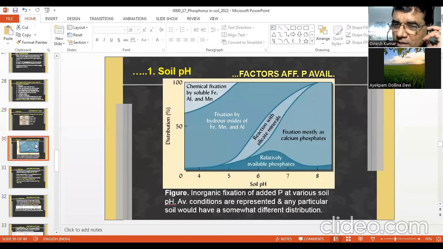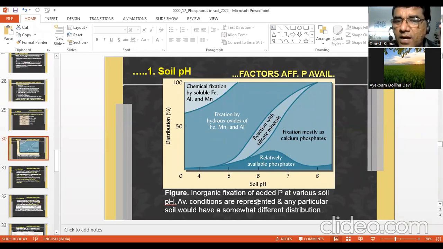Now see how soil pH affects the fixation of phosphorus. What are the different means of fixation? Generally, less fixation means more availability, and more fixation means less availability. Inorganic fixation of added phosphorus: when you apply phosphorus to the soil, suppose you have used DAP or MAP or SSP, what will happen to it at various soil pH?